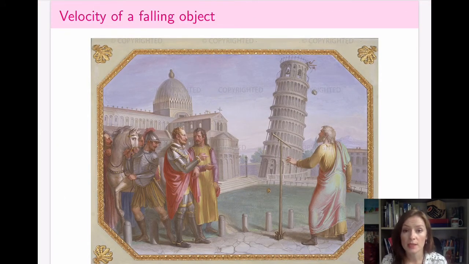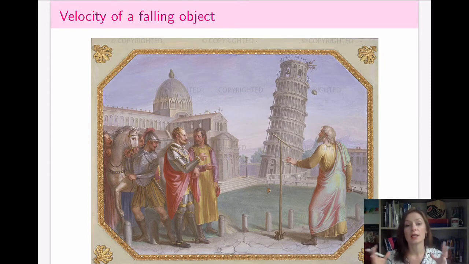This experiment dates back to late 1500s, somewhere around 1590, when Galileo Galilei traveled to the Italian town of Pisa to actually drop various objects off of the Leaning Tower of Pisa. Leaning Tower of Pisa was very convenient to drop things off of, so what he wanted to experiment with is dropping objects of different weights and seeing if they reach the ground at approximately the same time or not.